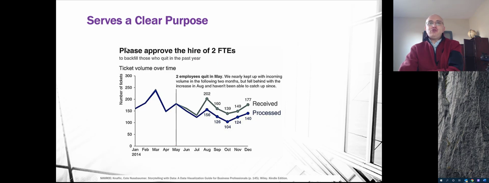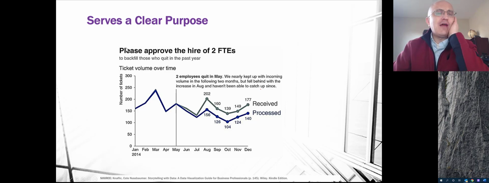She uses some annotations right here, right in May. She makes it clear that 2 employees quit. She uses some text here to tell part of the story. And then starting in May, we start to see that we get behind. In August, we get this huge gap. And notice, even to emphasize that gap, she starts labeling right where it's important these points with numbers.